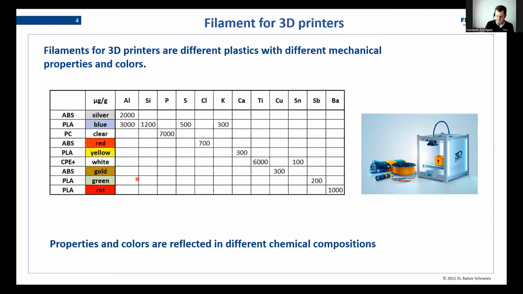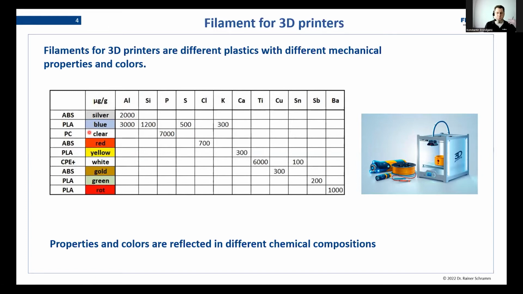A recent addition here is the filaments that are used in all these 3D printers. You've probably come across one of those. It's a new technology that is rapidly developing. And all these filaments come on rolls and they're basically polymers. But the variety of their chemical composition is extremely wide.